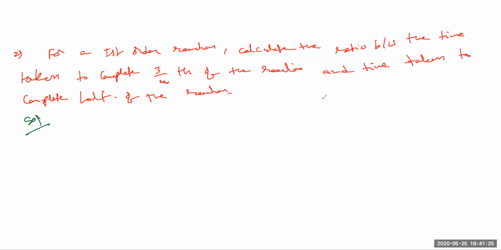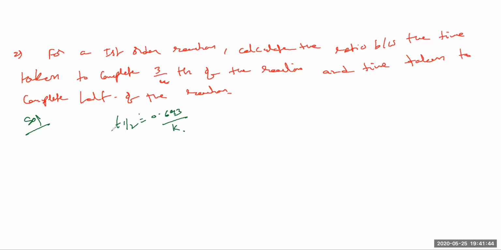Let me say that solution. What is the half-life period? You know that, right? T half is equal to 0.693 divided by K. Correct now?